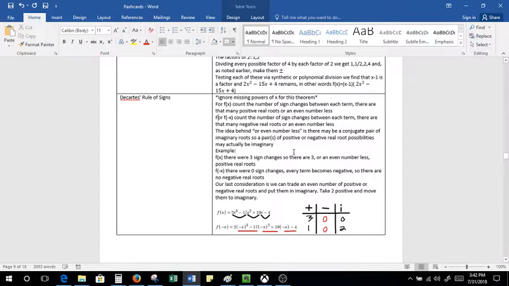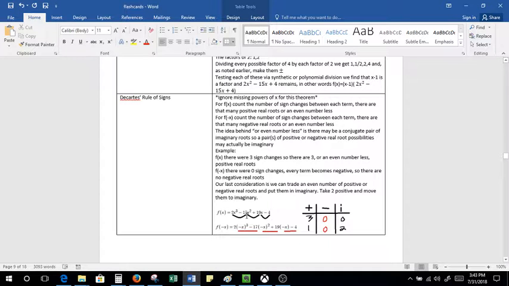So the idea behind the even number less is that, remember that earlier we talked about conjugate pairs of imaginary roots. So you have to have 2 if it's a real function, so that they cancel out the i's when you multiply them together. So what we can do is trade 2 positive or 2 negative roots for 2 imaginaries.